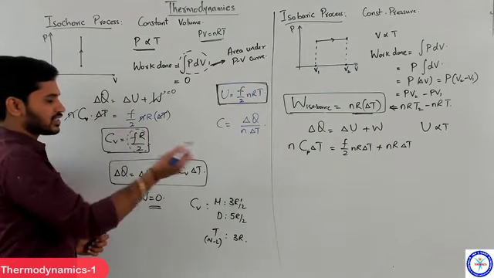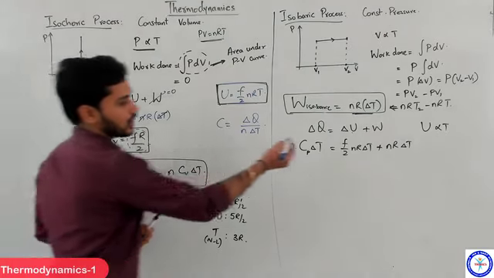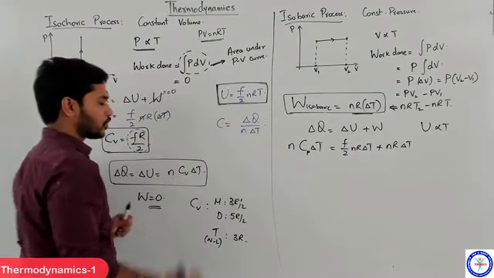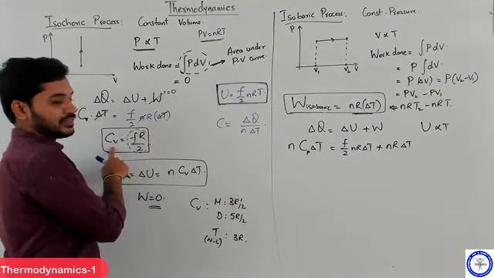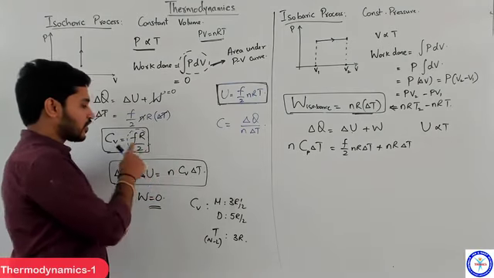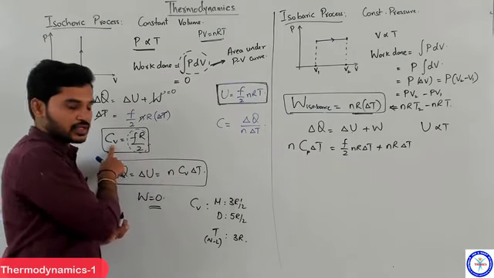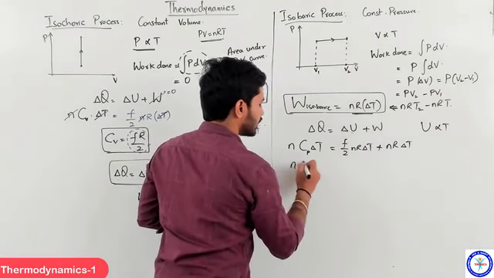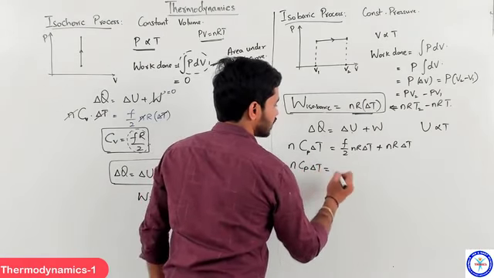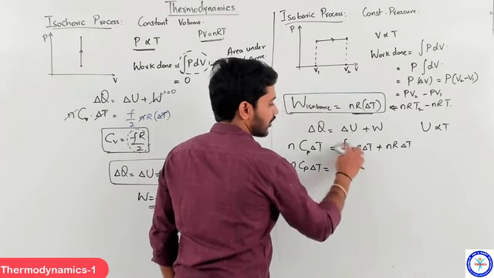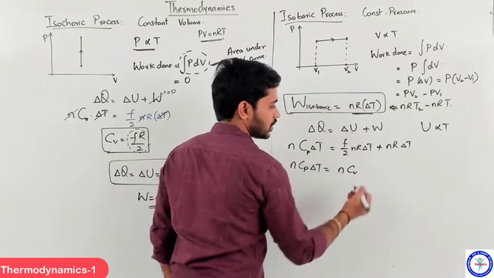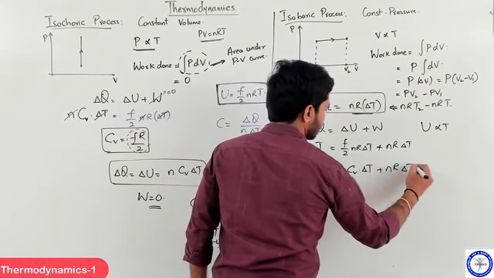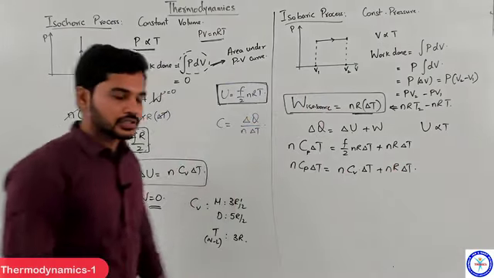So whether it is an isochoric process or isobaric process or any other process, U has a fixed expression. So in all cases we can directly write the value of delta U as F by 2 nR delta T, and you all know that FR by 2 is numerically equal to Cv. So what I can do here is I can write this as n Cp delta T is equal to n FR by 2, which can be written as Cv, into delta T plus nR delta T. Clear, students?